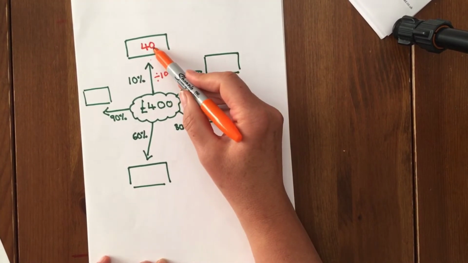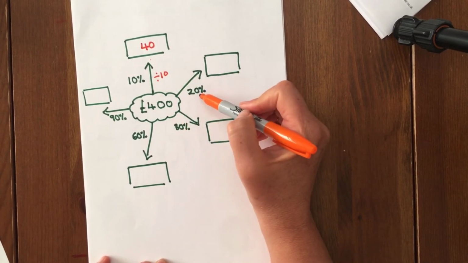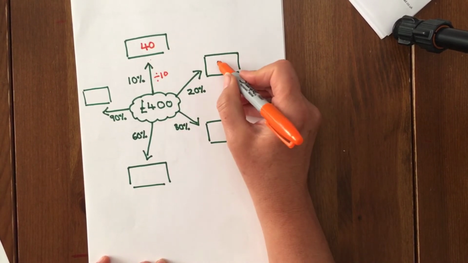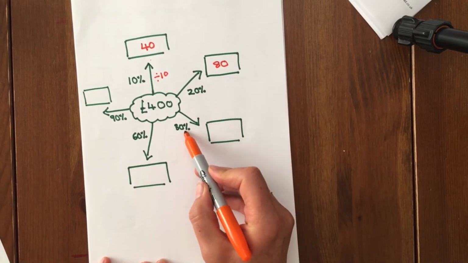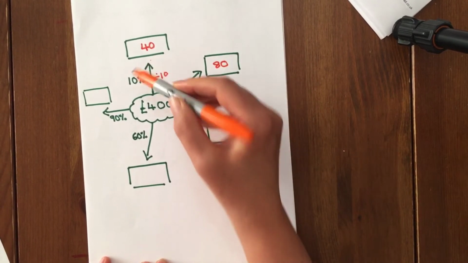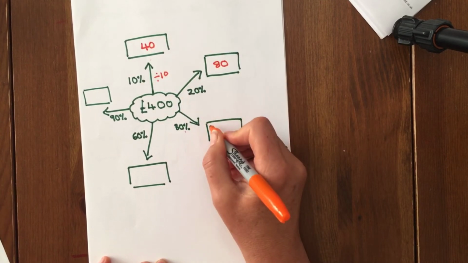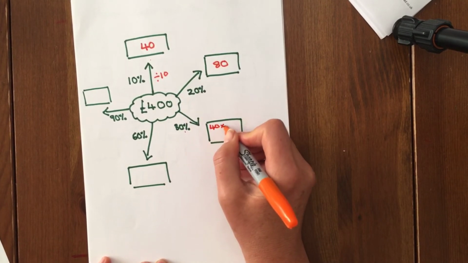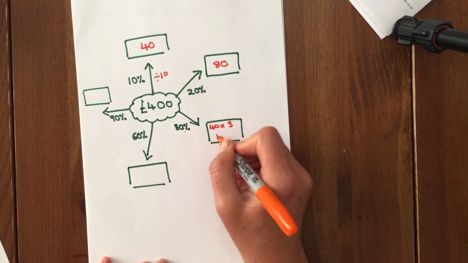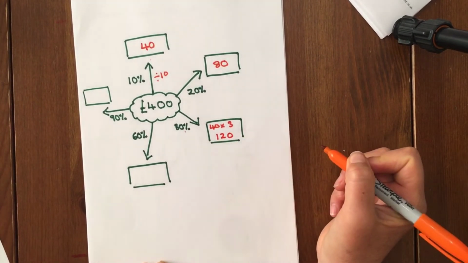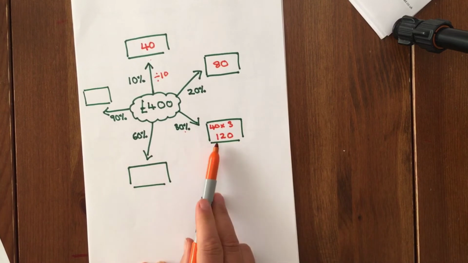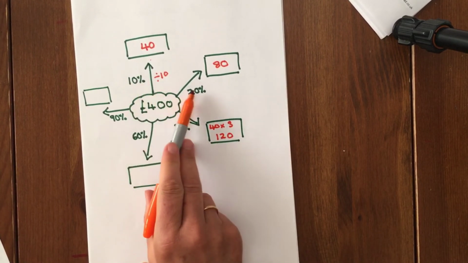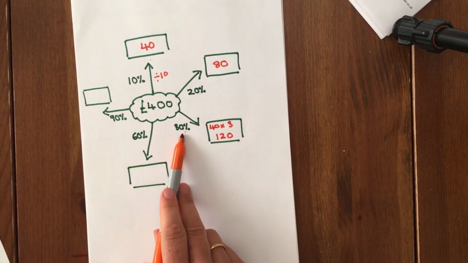Okay, now I've got 10%, I can find 20%. I'm just going to double 40. Okay, to get 30%, I've got 10%, so 10% is 40, and I want 3 lots of 10%, so I get 120. Okay, if you notice, 10% and 20% makes 30%.